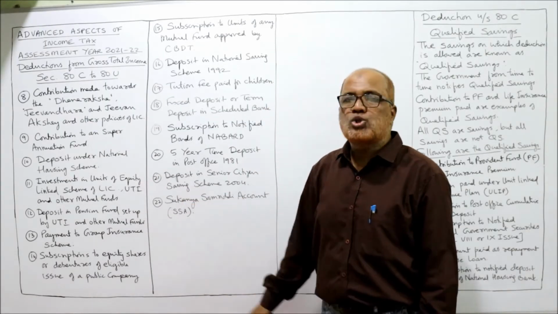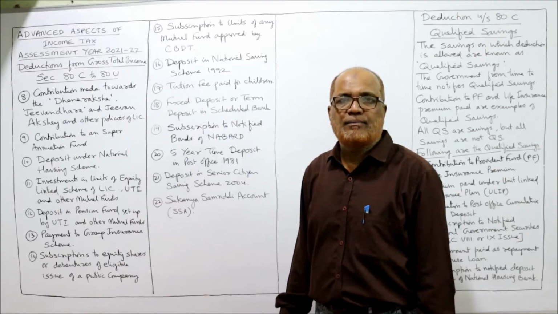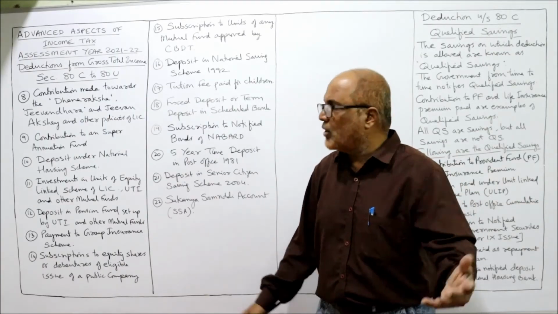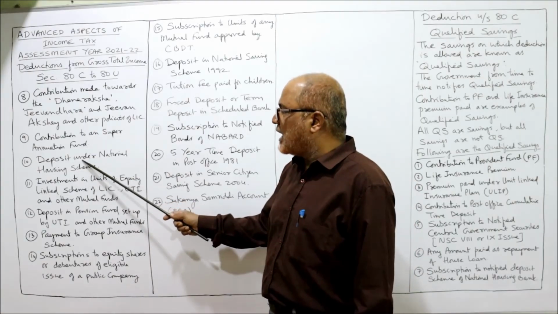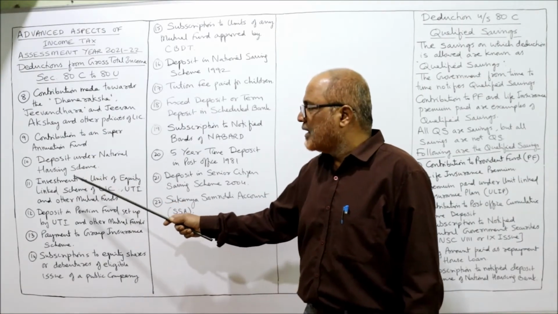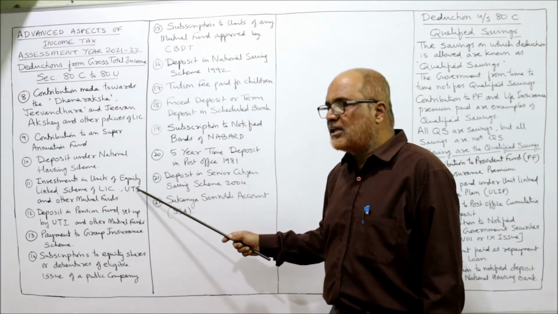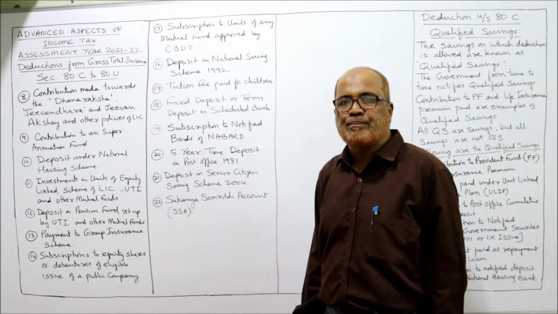Next one, contribution to superannuation fund. The employees may contribute some amount to superannuation fund, that will also qualify. Then deposit under National Housing Scheme. Then investment in units of equity linked scheme of LIC, UTI and other mutual funds.